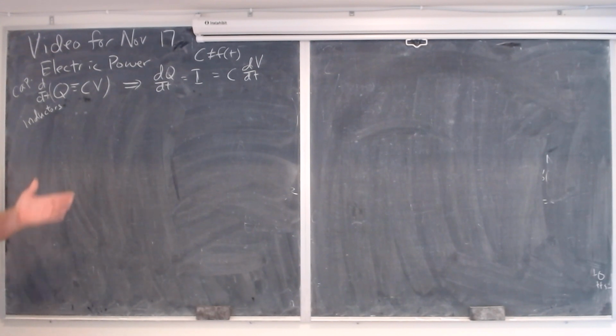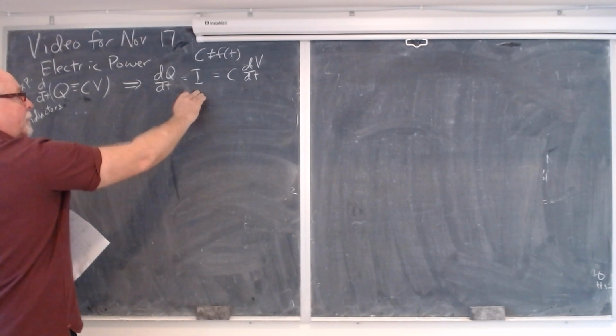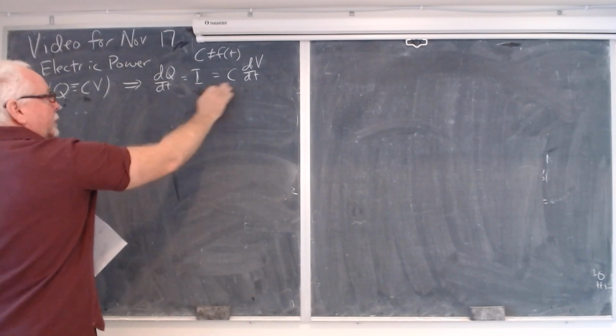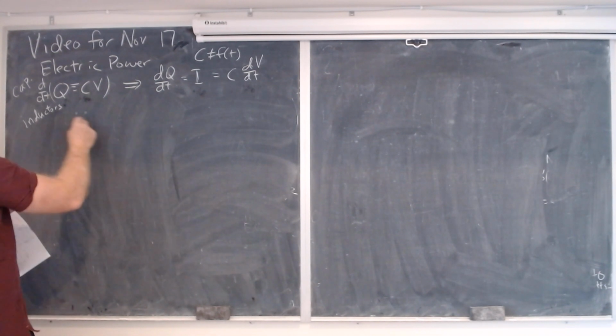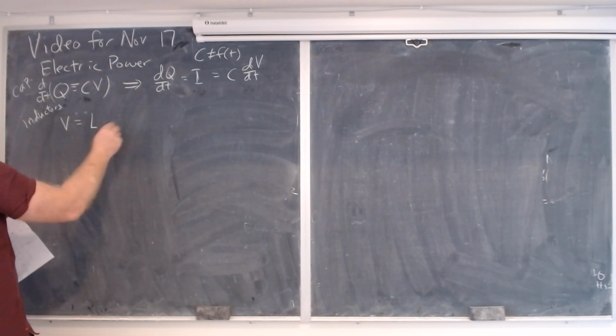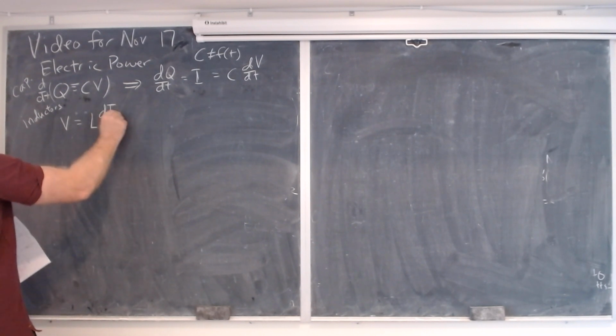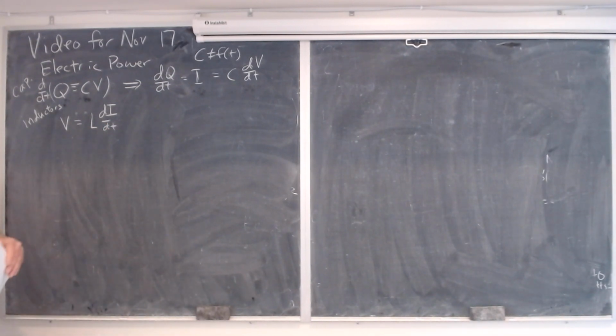And so I can postulate that since there's a circuit element for which the current going into it is proportional to the rate of change of voltage, by analogy, I can simply say that there should be a circuit element for which the voltage is proportional to the rate of change of the current going into it. So that's the way I'm going to lead into inductors.